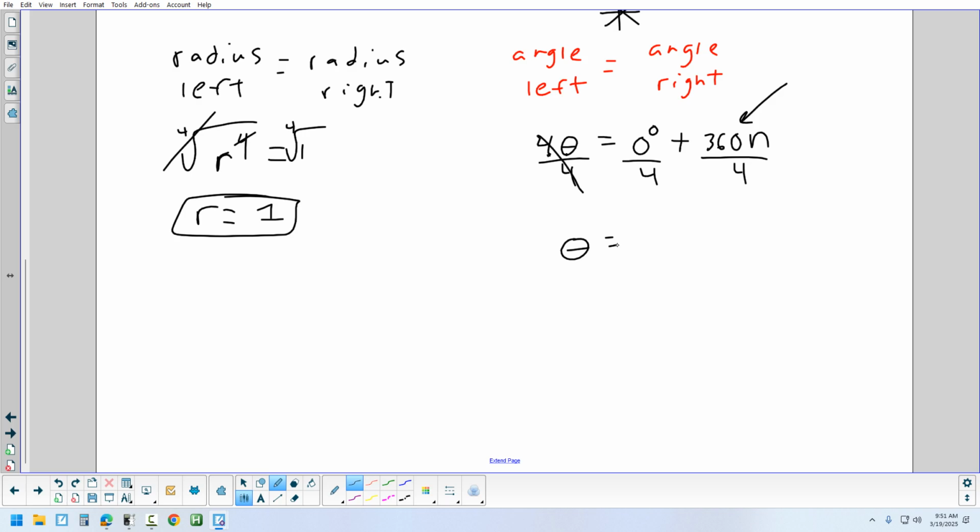What's 360n divided by 4? 90n. We're doing a 4th root. So how many answers did I say you're going to have? 4. That means you need to let n equal 0, 1, 2, 3. That's how you get your 4 answers.